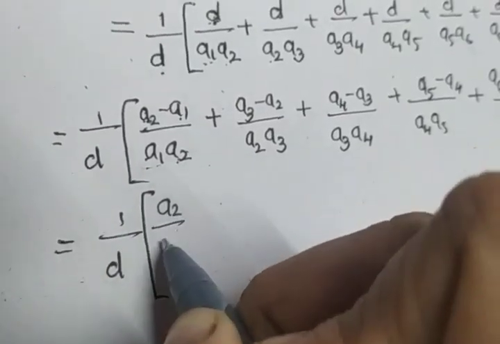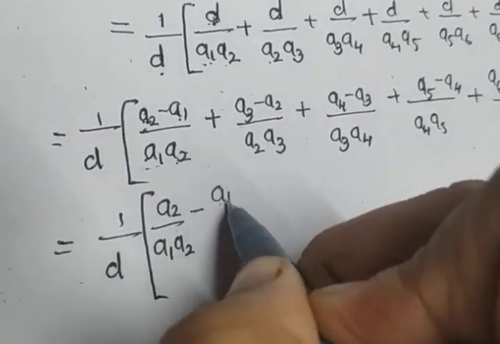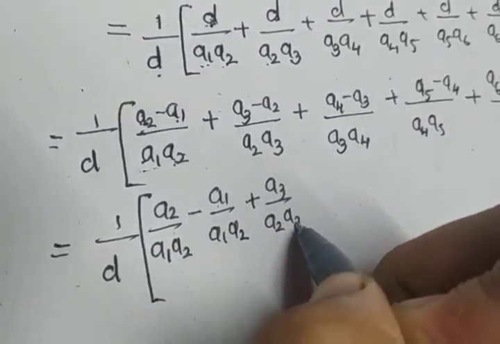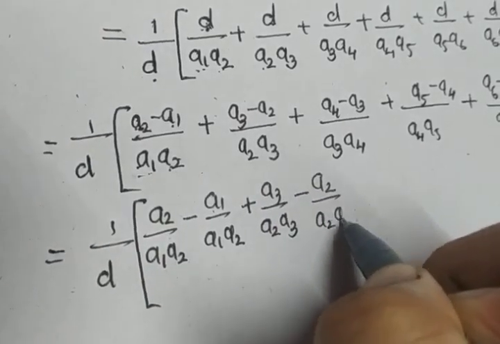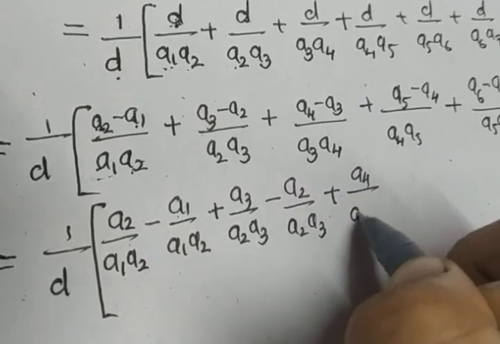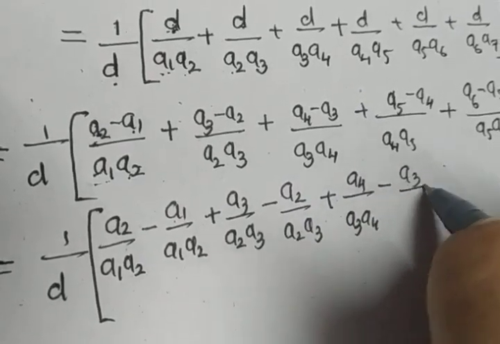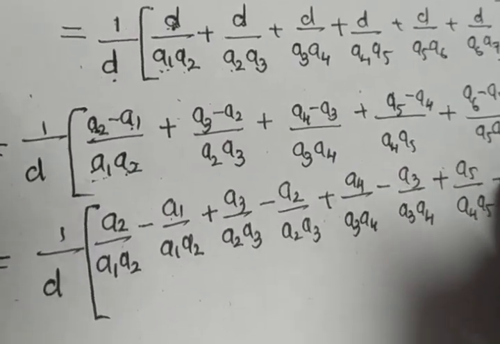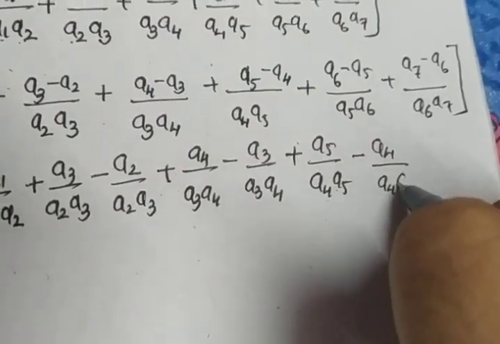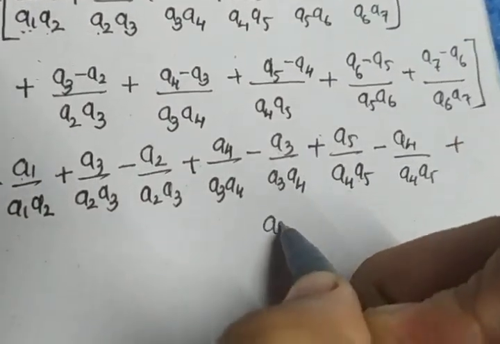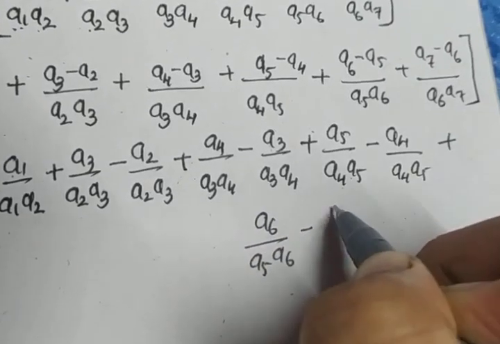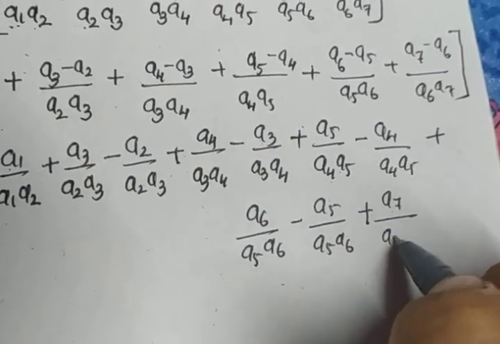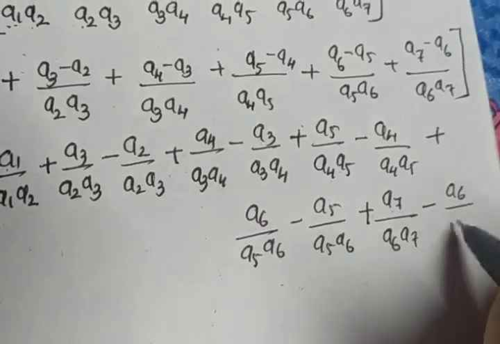So I can write as A2 by A1 A2 minus A1 by A1 A2, plus the next term also A3 by A2 A3 minus A2 by A2 A3, plus A4 by A3 A4 minus A3 by A3 A4, plus A5 by A4 A5 minus A4 by A4 A5, plus this term A6 by A5 A6 minus A5 by A5 A6, plus the last term A7 by A6 A7 minus A6 by A6 A7.